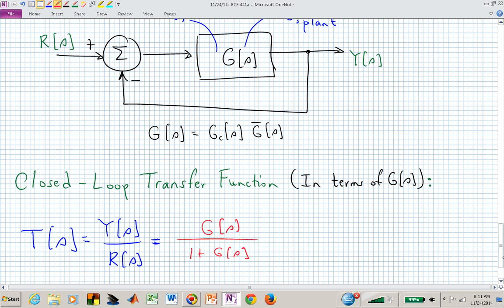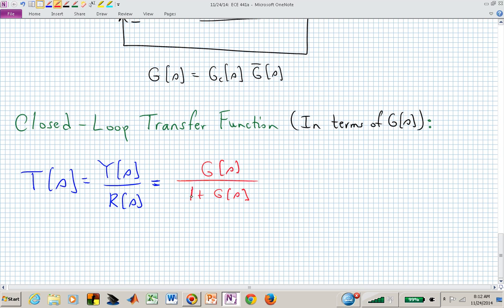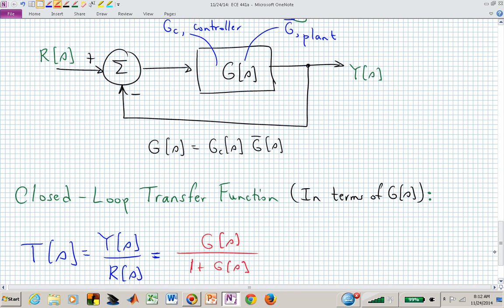And what we're doing with the Bode plot is we are inferring closed loop system behavior on T of S based on what G of S is doing. That's the idea. We want to be able to infer closed loop system behavior simply by knowing that open loop transfer function G of S.